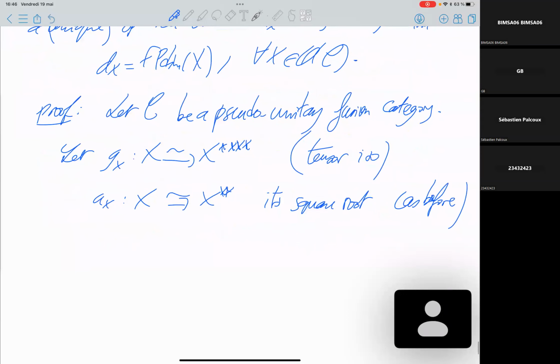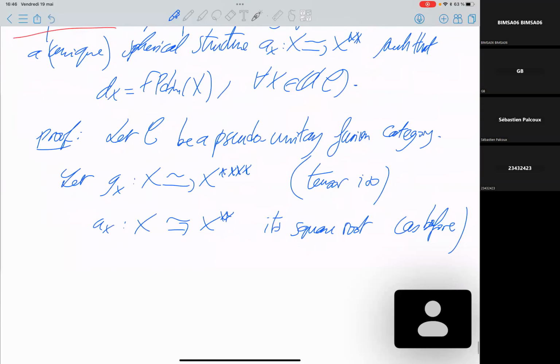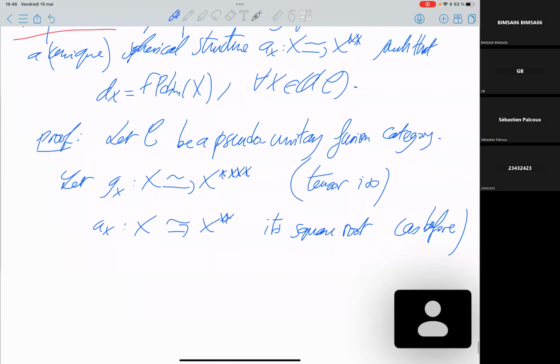Okay. The idea to get the expected spherical structure is to twist gx such that dx equals the trace of x positive.